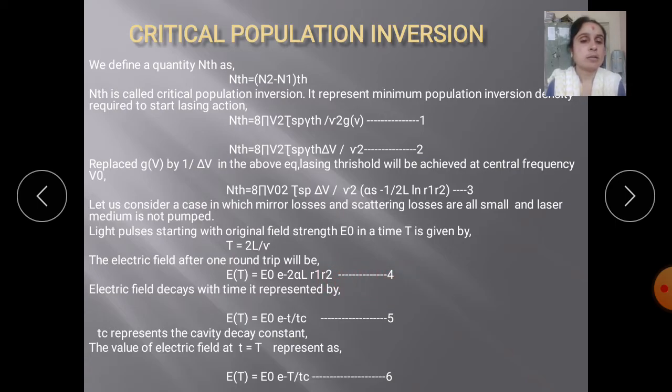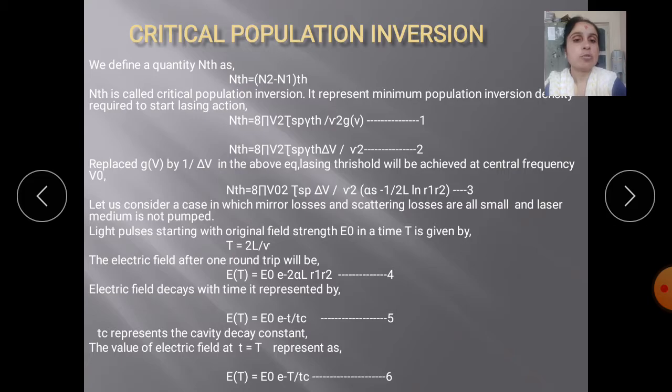The electric field decays with time and can be represented as E of t equal to E0 exponential of minus t by Tc, where Tc is the cavity decay constant.